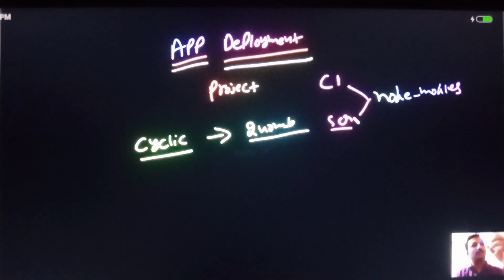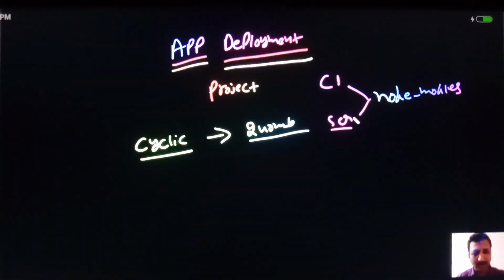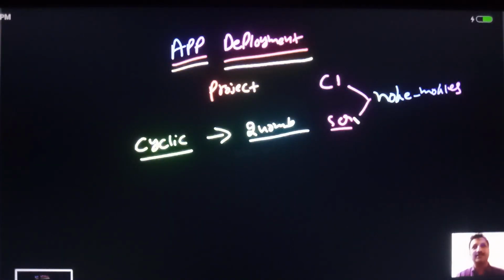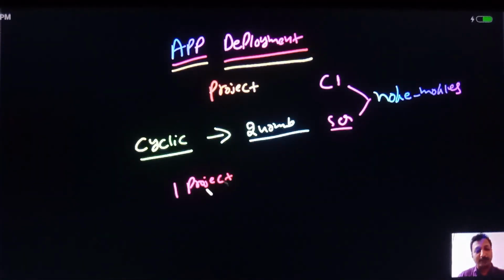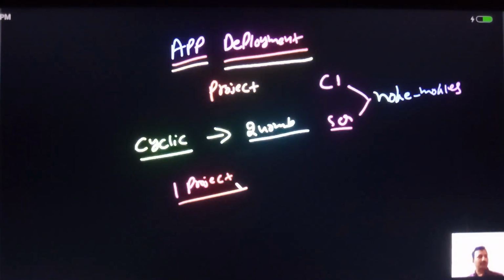That's why, instead of sending the node modules, we generate the build and send that. Got the point? So even though we have all 3 tiers, from Cyclic's point of view it is just one project, where the client has a build folder. That's it.